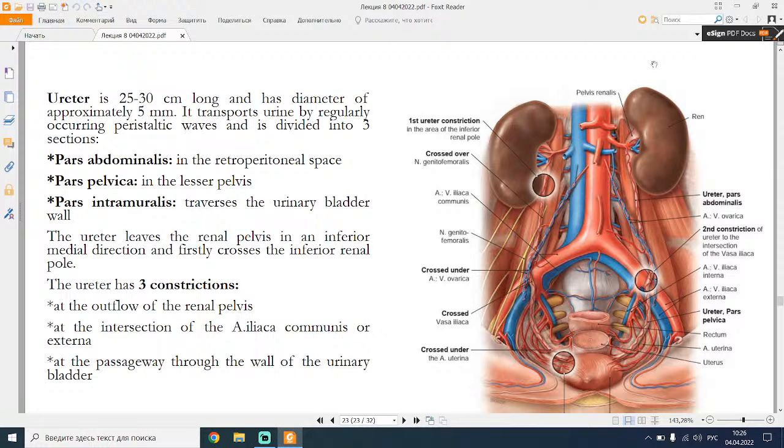This is the ureter: 3 sections and 3 constrictions.